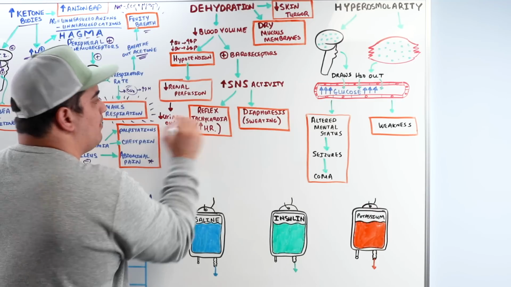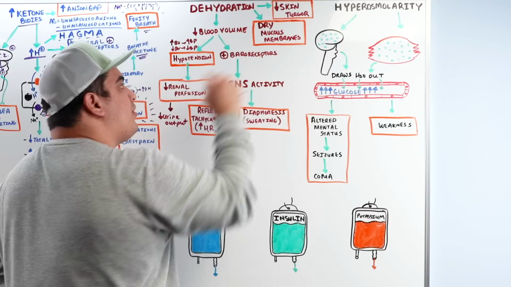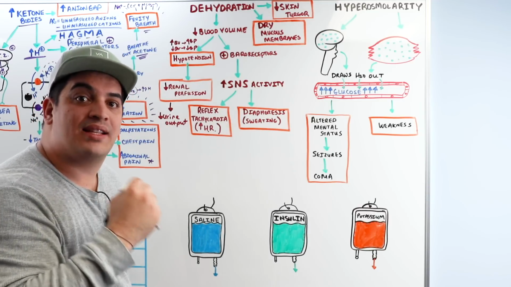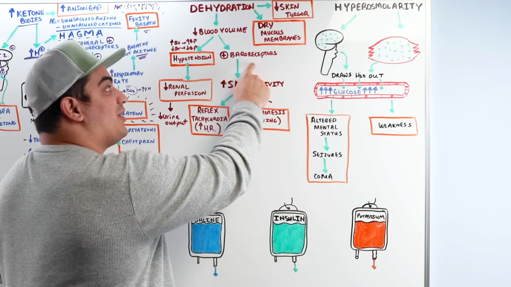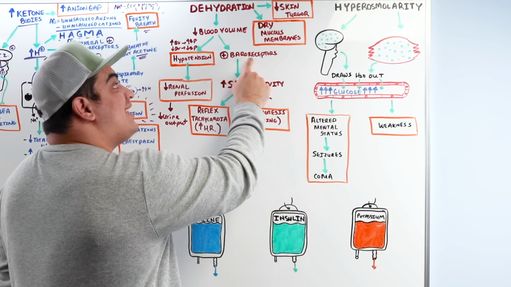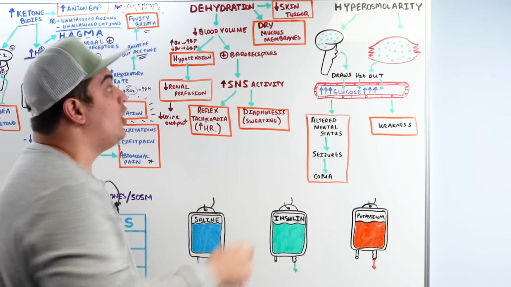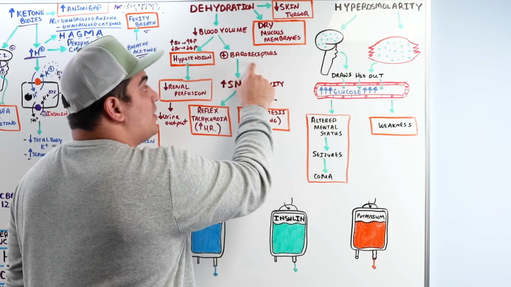Okay, that's important. The next thing is whenever your blood volume drops, remember those receptors, the aortic sinus and the carotid sinus, which are located in the aorta and in the bifurcation of the common carotid arteries. They detect drops in blood volume, but more particularly related to blood pressure. When blood volume drops, blood pressure drops, that stimulates these baroreceptors.